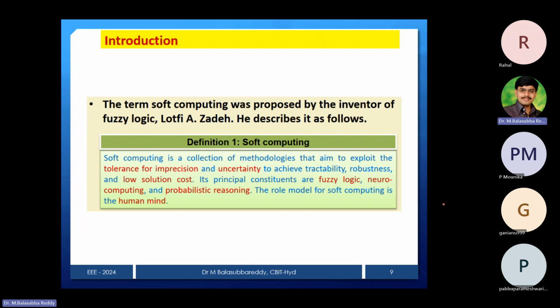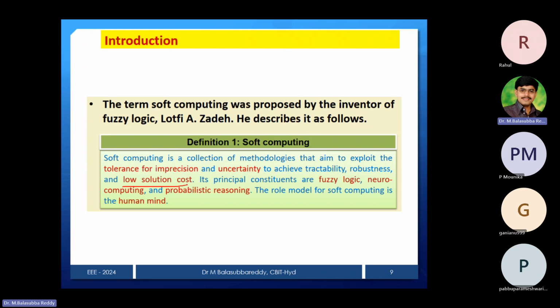This is the point we need to consider. Low solution cost is important in this.